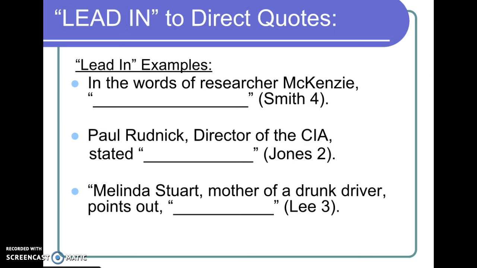A few other examples of lead-ins, you might say: in the words of researcher McKinsey; Paul Rudnick, director of the CIA, stated; Melinda Stewart, mother of a drunk driver, points out. These would be direct quotes from important people. A researcher would be an expert opinion. Director of the CIA, again, another expert opinion on the topic.